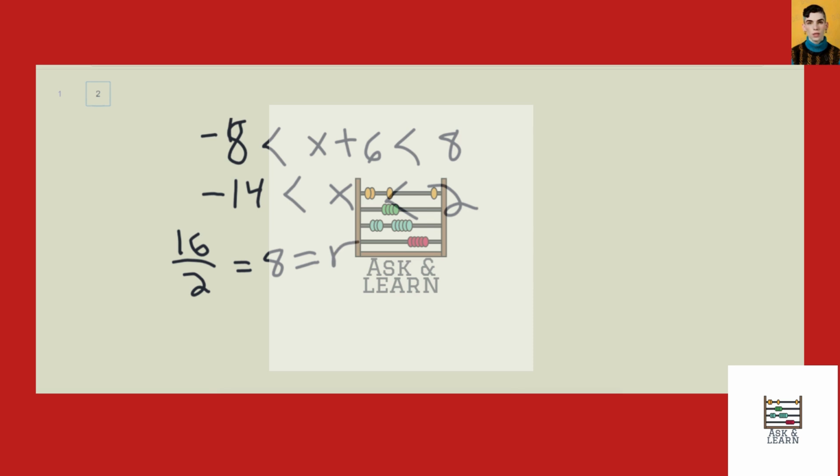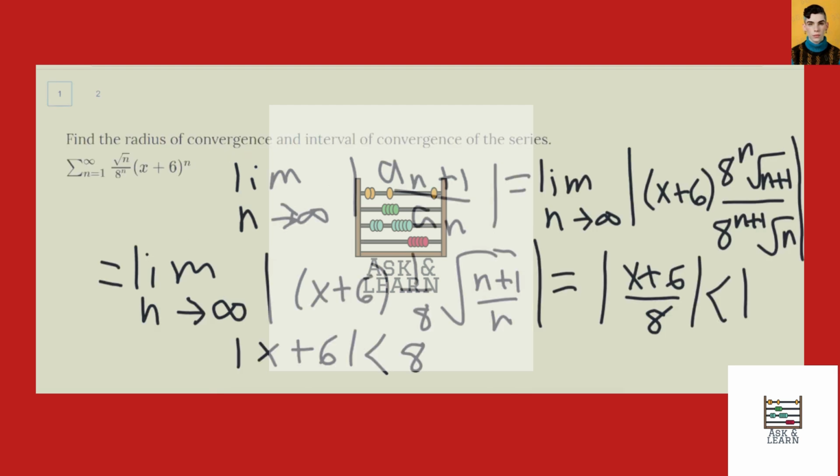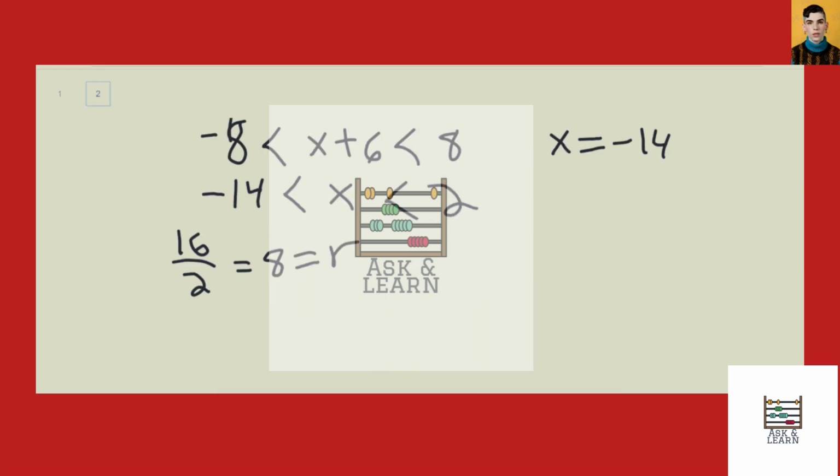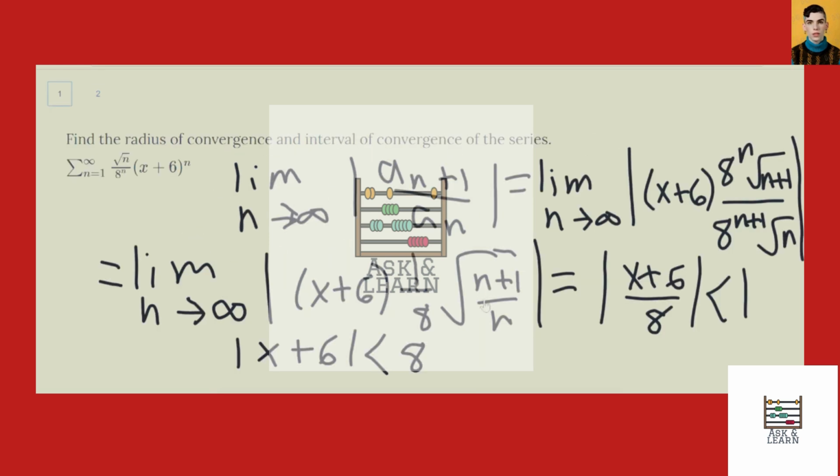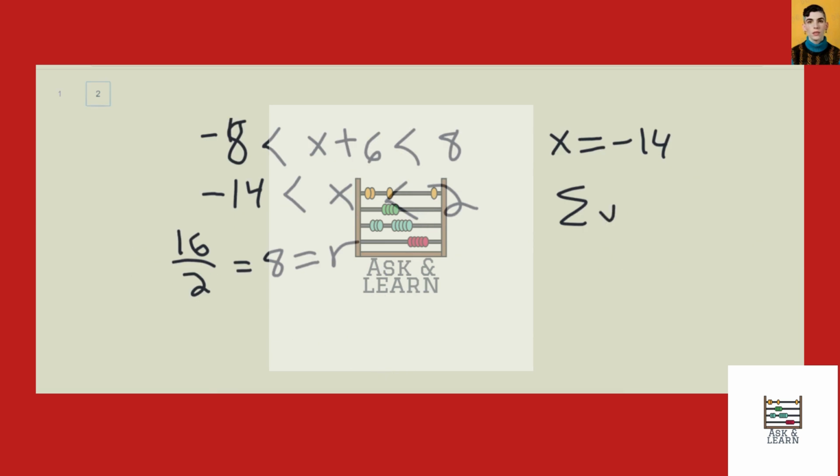For the interval of convergence, we just need to figure out whether or not we include these endpoints. So when x is -14, do we get convergence or divergence? When x is -14, we're going to end up getting (-8)^n here. (-8)^n is the same thing as (-1)^n times 8^n. So the 8^n will cancel out with the 8^n, and then we'll still have the square root of n here, with this (-1)^n happening.